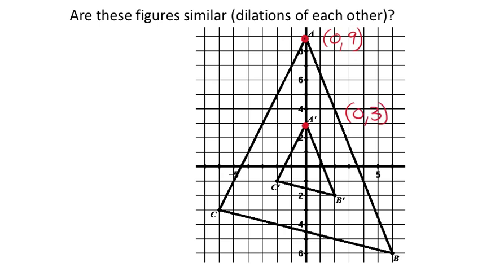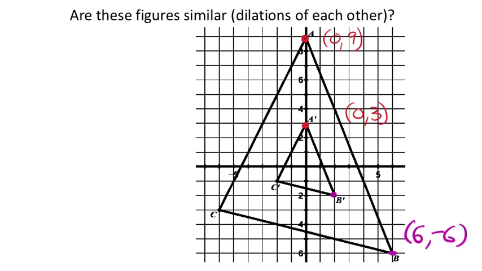Now, if this is a dilation, we'll have to multiply all of the original ordered pairs from the preimage by the same value. And right here, we could say, well, 0, 9 to get to 0, 3, what would I multiply these values by to get the other ones? And that may not be so obvious. So let's look at the ordered pairs for B. B right here appears to be at 6, negative 6.